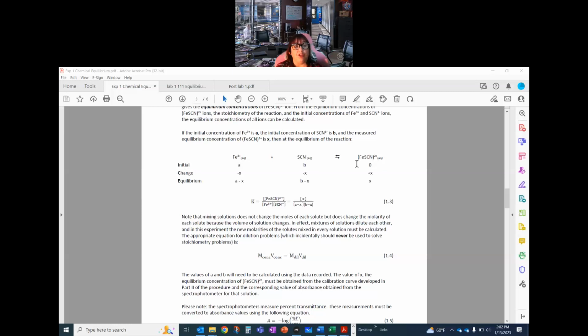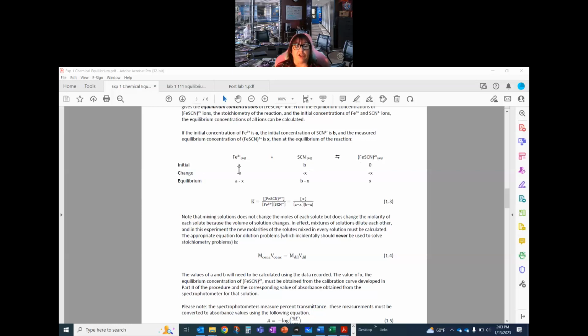For every FeSCN2+ I produce, the plus X, I have to consume an Fe3+ and an SCN minus. So I have a minus X for Fe, a minus X for SCN minus, and a plus X for FeSCN2+.